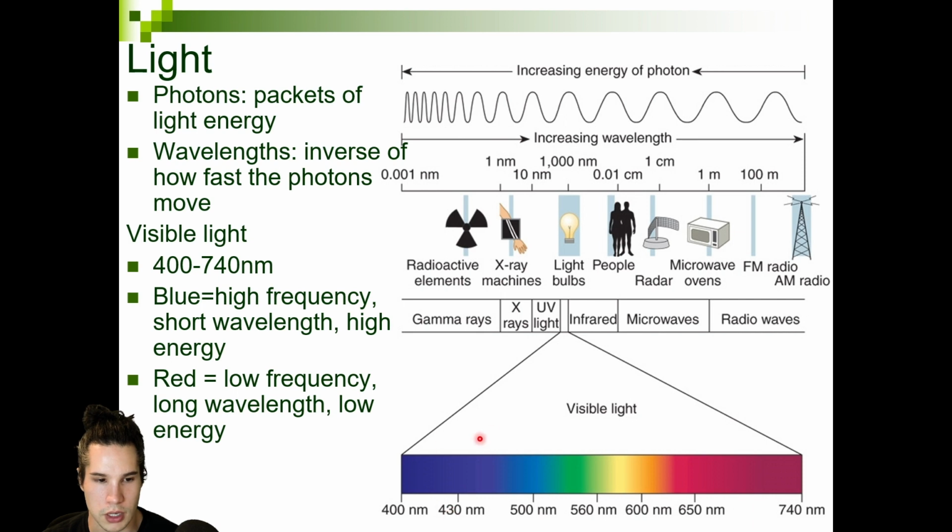So blue over here is high frequency, short wavelength, and therefore high energy, whereas red is low frequency, long wavelength, and low energy.